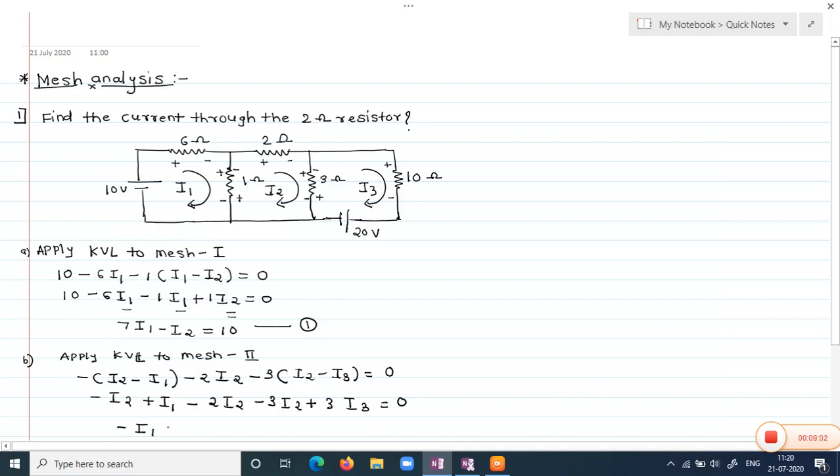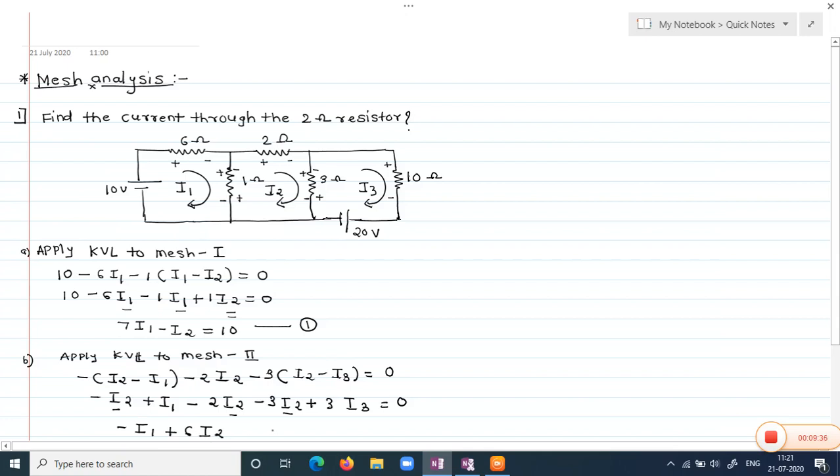Okay, then you will see where is I2. I2 you will get here, here, and here. But here I2 is minus, so you will get plus here, minus 2 I2 you will get plus again here, and minus 3 I2 you will get plus here, means 3 plus 2 is 5 and plus 1 is 6, means plus 6 I2.